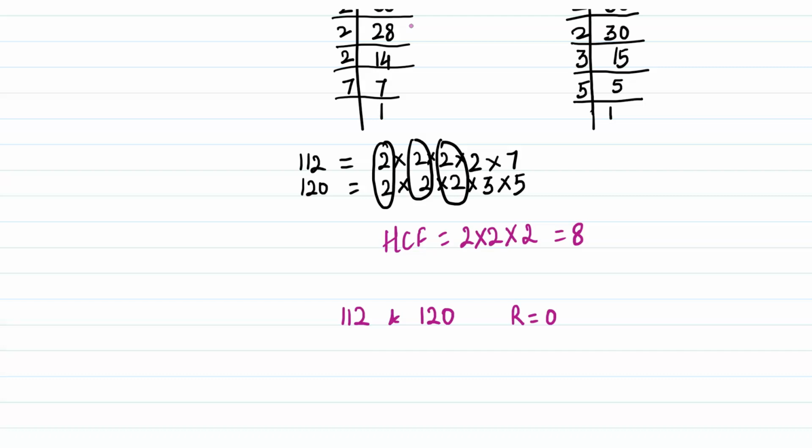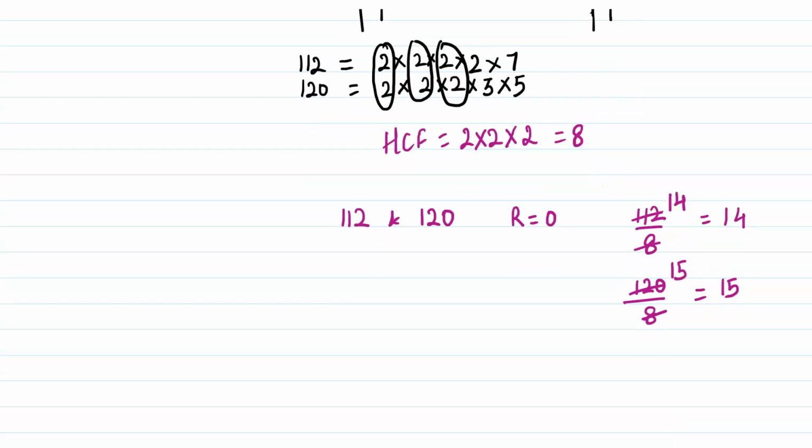You can check also: 112 divided by 8, you will get 14, and 120 divided by 8, you will get 15. So that means there is no remainder.